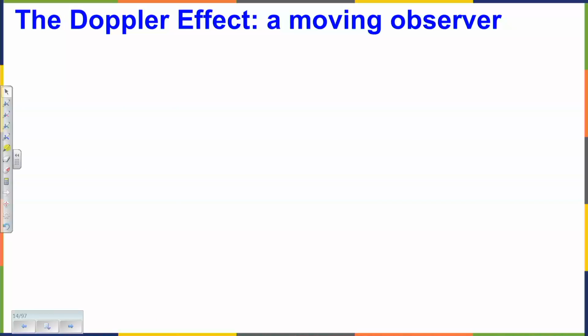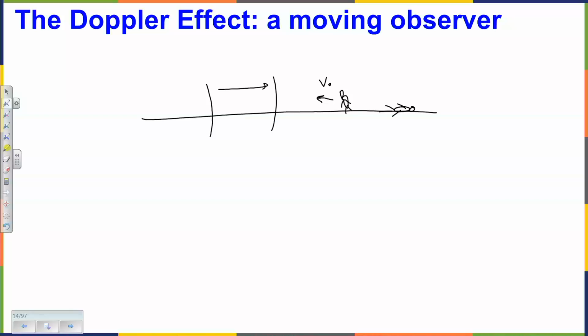So if we have 2 persons, resting and moving, and if they measure the wavelength, well, technically that's supposed to be the wavelength. In general, we don't know if the source has been moving or was at rest. We don't know that.